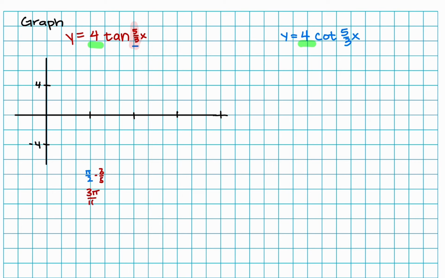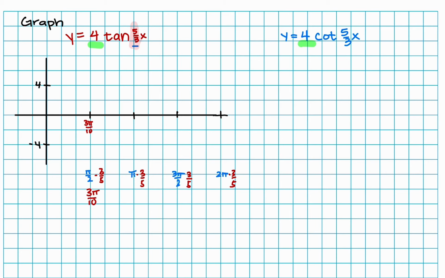So I have 3 pi over 10, and that's what's going to get placed at that point value. I'm going to do the same thing for the next one, for pi: multiply the pi by 3/5. We'll continue to do this for all the quadrantal angles, 3 pi over 2, and for 2 pi, the same exact thing. All of them are going to get multiplied by 3/5 because the graph is being horizontally shrunk by a factor of 3/5.